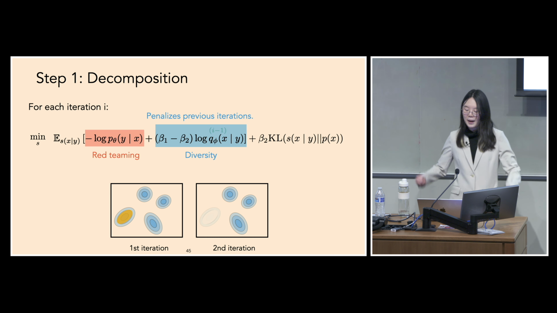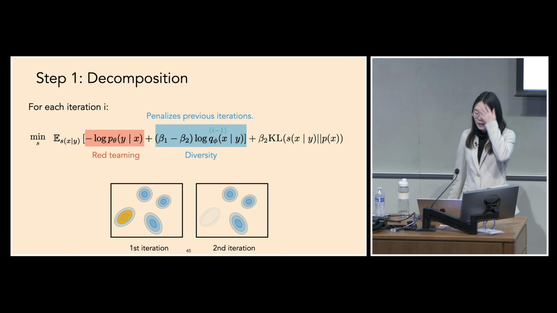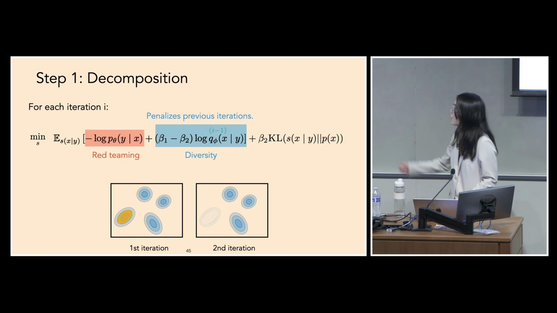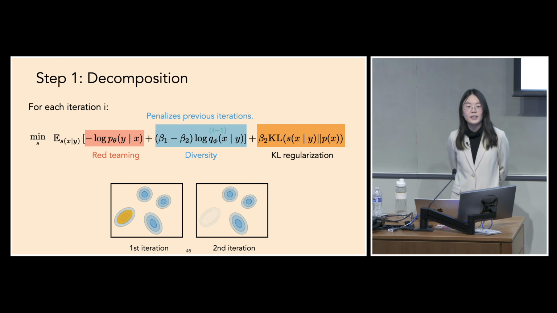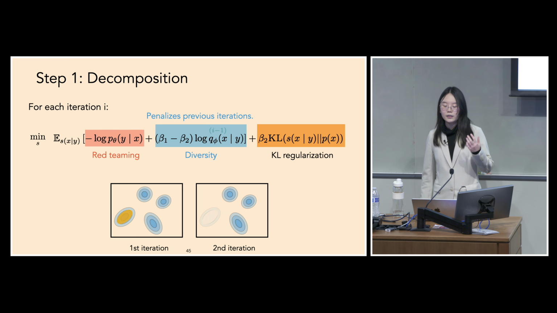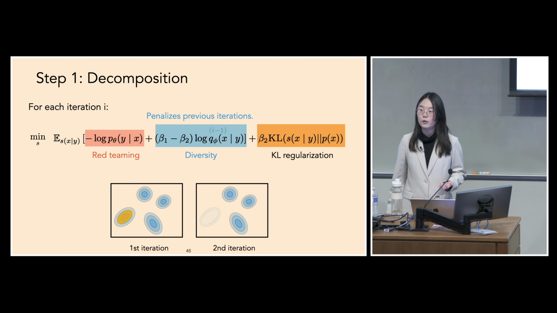The blue box here penalizes things that were already discovered from previous iterations. So effectively, it's encouraging the discovery of new modes, and it's encouraging diversity. The orange box is essentially the KL divergence term. It is in charge of regularizing the distribution to prevent it from collapsing or deviating too much from the prior.